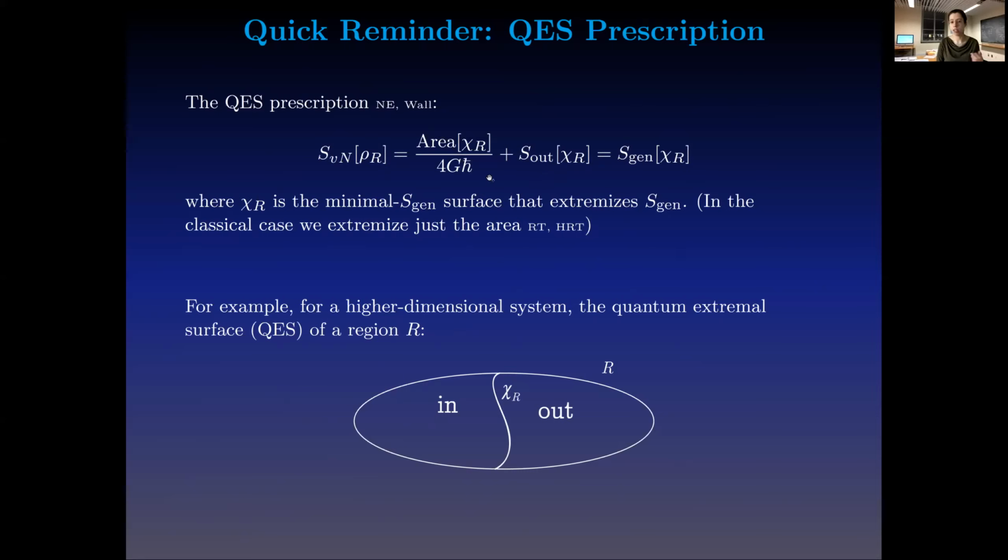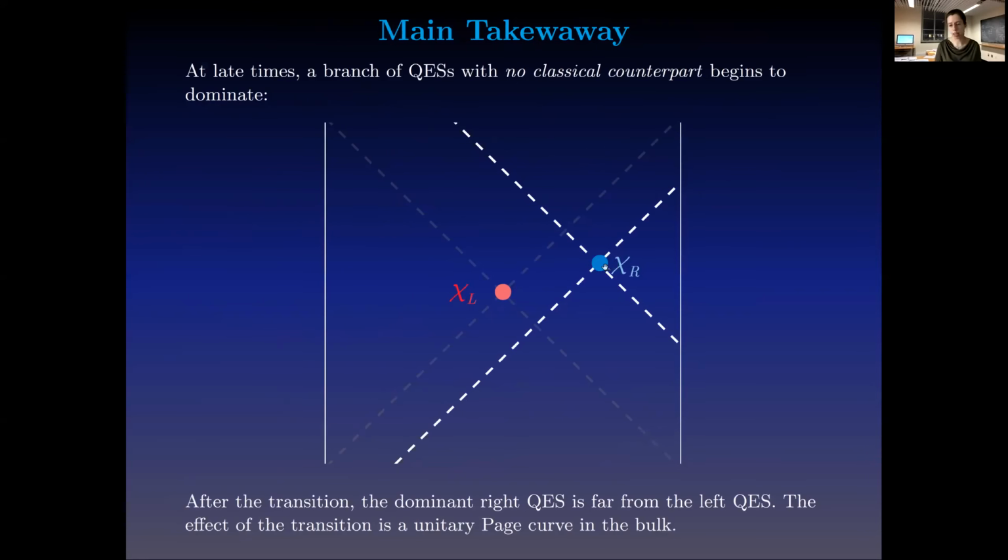And even if A over 4G outweighs S_out, that doesn't mean that their derivatives have to. So what ends up happening is that we end up getting a new quantum extremal surface, not anywhere near a classical extremal surface. And this actually dominates the quantum extremal surface prescription. And the effect of including this new quantum extremal surface is in fact unitarity, or this unitary evolution of the entropy as computed by quantum extremal surfaces.